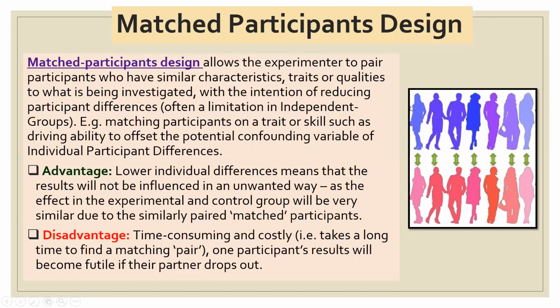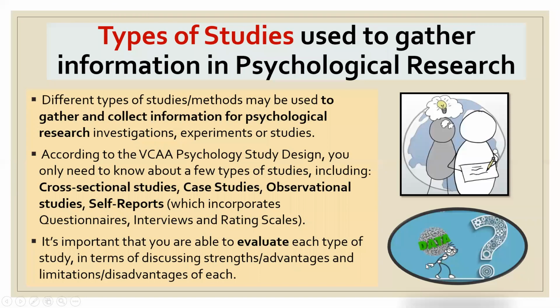And so essentially participant A will have to drop out too, okay? Because their results are no longer valid. So because these two people influence each other in a matched participants design, if one drops out, the other participant's results become futile or useless, essentially. Okay, so that's one of the issues with matched participants design, and that again contributes to the time-consuming nature of this design. Okay, so that's basically what a matched participants design looks like.